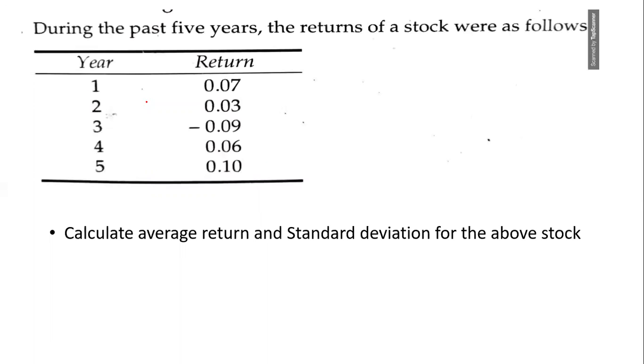So calculating average return, the calculation is very easy. You all know how the arithmetic mean is calculated. So let's begin. We call it R bar is equal to, okay. The data given here is 0.07, 0.03, minus 0.09, 0.06 and 0.10.